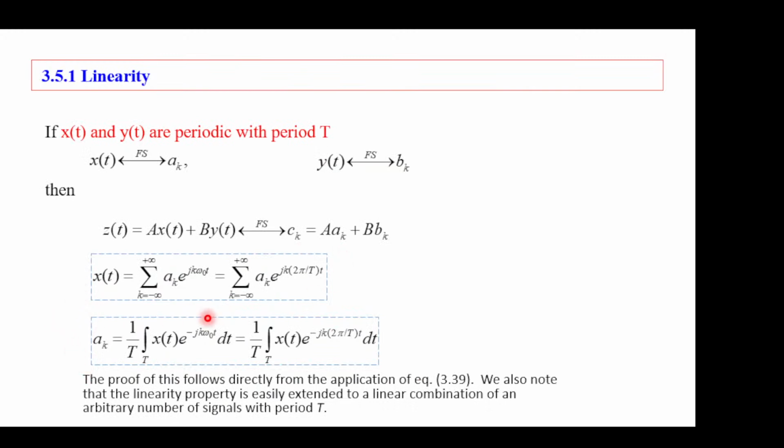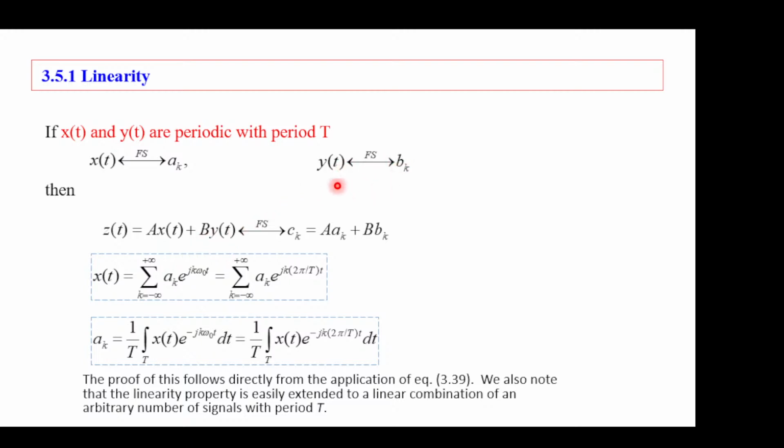So for example, linearity. Let's say you have two functions that are periodic with the same period big T, x of t and y of t. And x of t has some coefficients ak, and y of t has some coefficients bk.